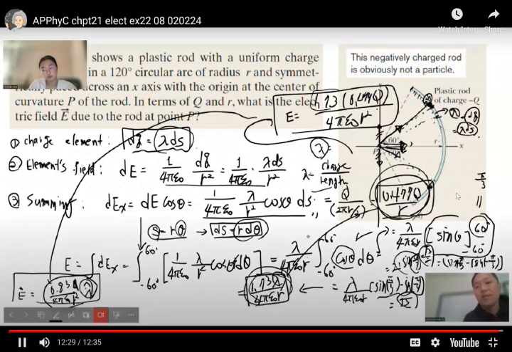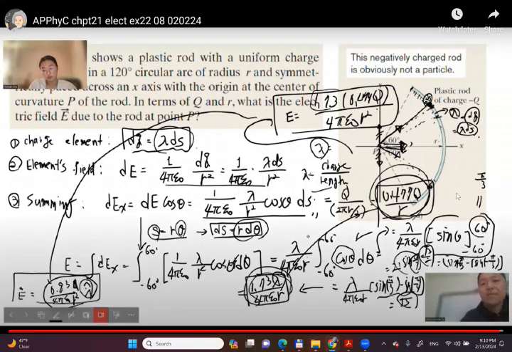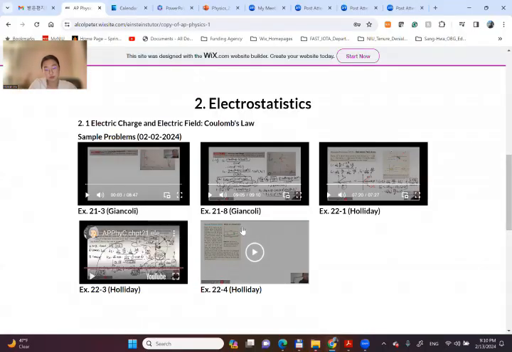with the x component. Okay, so this is also similar to what we solved in sample problem 22.01, because this arc is symmetrically distributed.